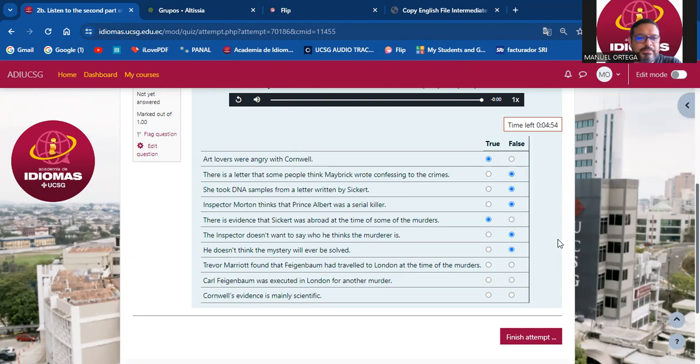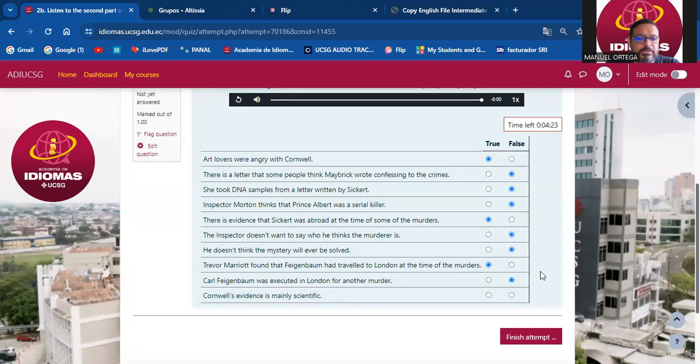Trevor Marriott found that Feigenbaum had traveled to London at the time of the murders. Yes, the German suspect, they identified that during the time of the murders, he was in London. Karl Feigenbaum was executed in London for another murder. No, not in London.